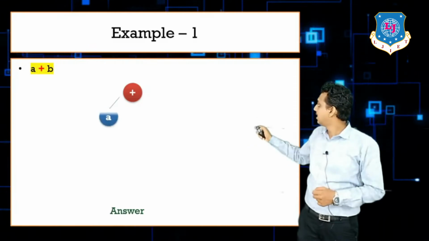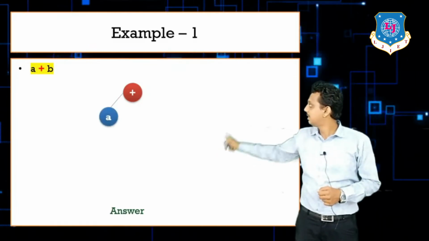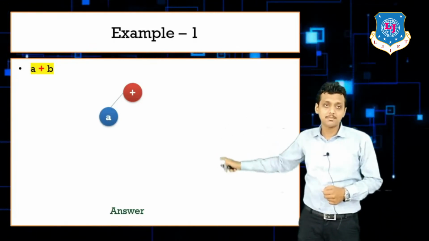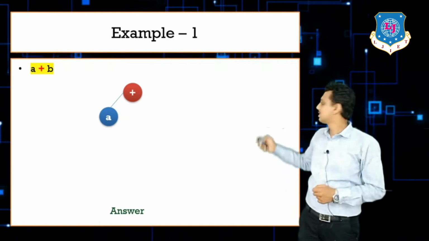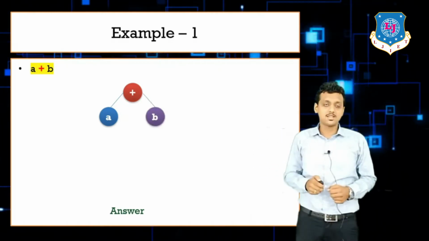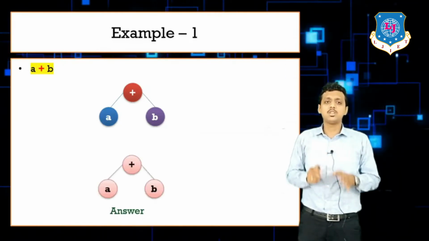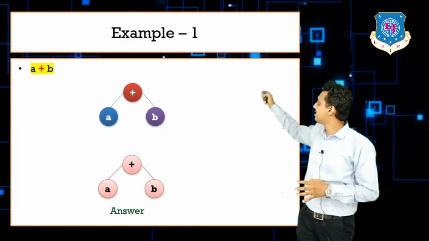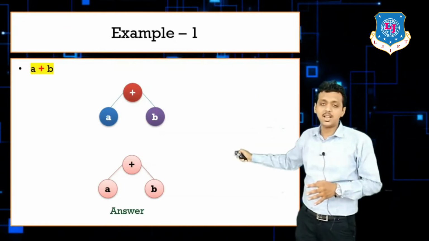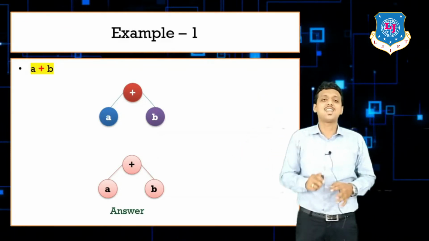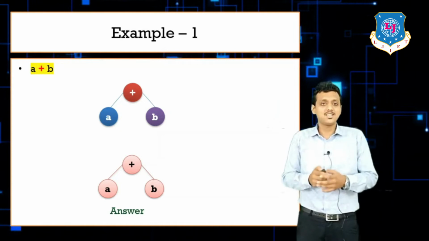So a goes on the left side of plus. It becomes the left child of plus, and b becomes the right child of plus. So here it is, students. After solving this expression, this is your tree where plus is your root node, a is on the left side, b is on the right side. That's it. Isn't it simple?